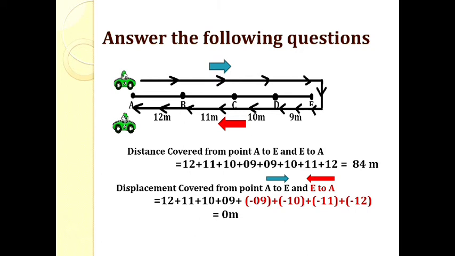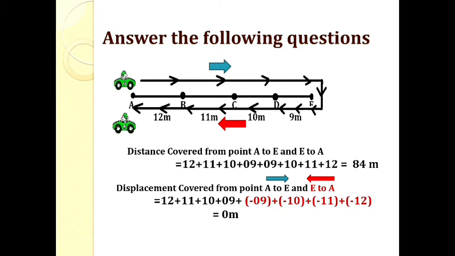And while returning, the distance is 9 plus 10 plus 11 plus 12. See, we are not considering any type of direction here. Hence, after addition, the total distance is equal to 84 meters.